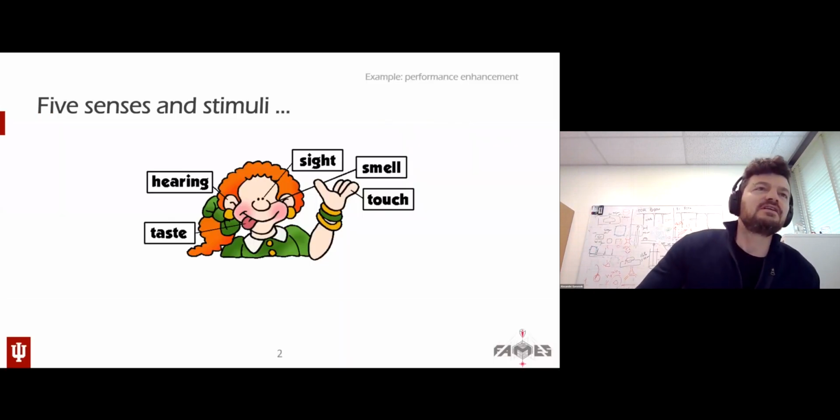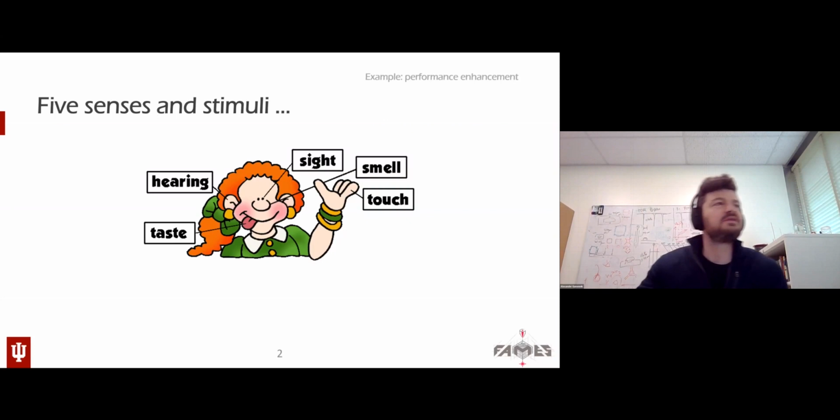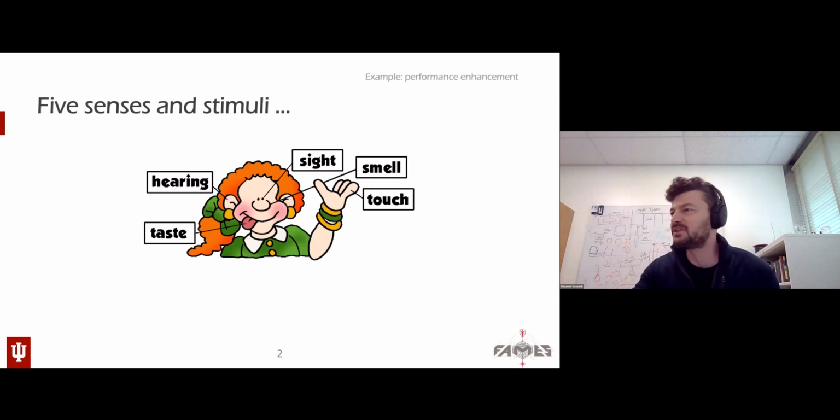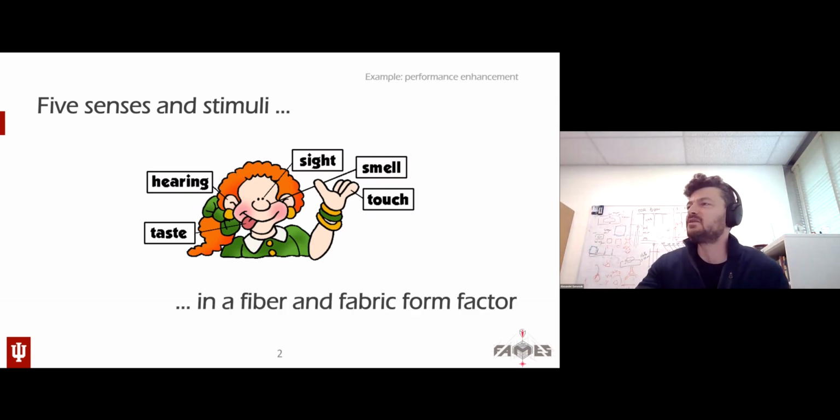So just to give a little bit of background, what are fiber devices? Fiber devices are fibers with active functionalities. An example would be a fiber that packages five human senses and stimuli into a fiber form factor.